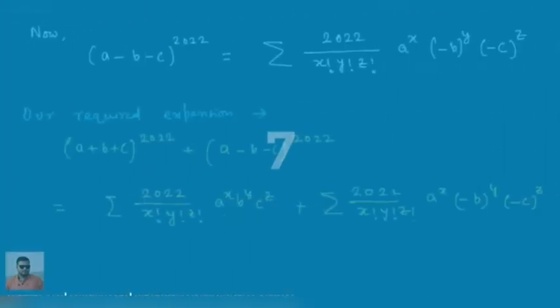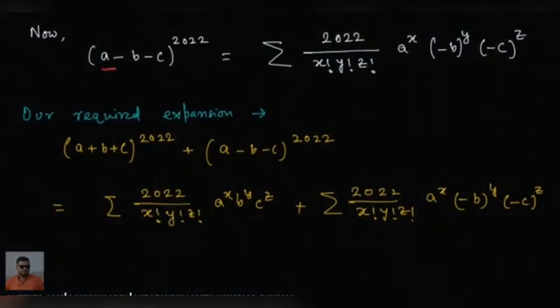Now let us see how many terms will be there in (a minus b minus c) to the power 2022. It's very simple. The number of terms will be again the same. But if you look at the expansion, the terms would look like 2022 factorial over x factorial, y factorial, z factorial, a to the power x, minus b to the power y, minus c to the power z.